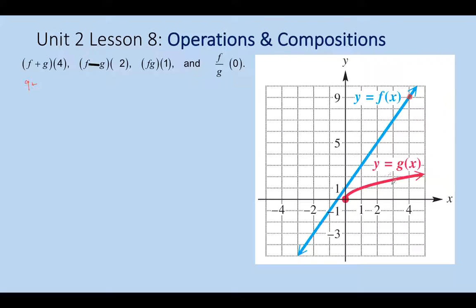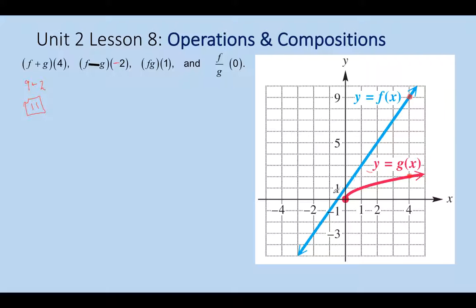And then when x equals 4, g's y equals 2. So this would just boil down to 11.